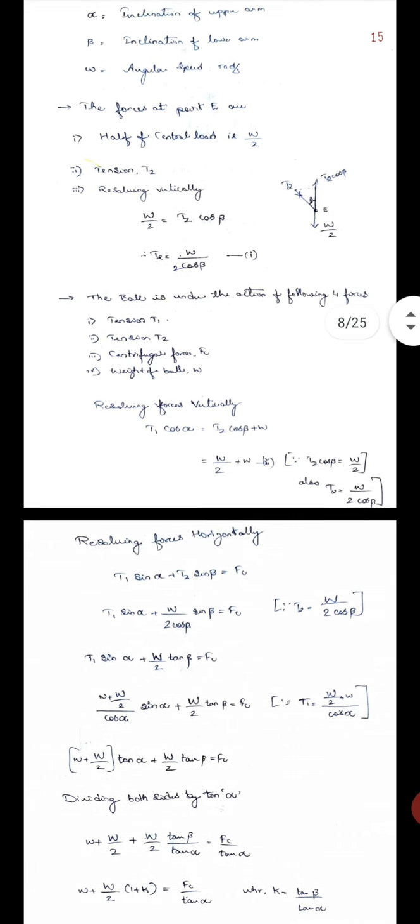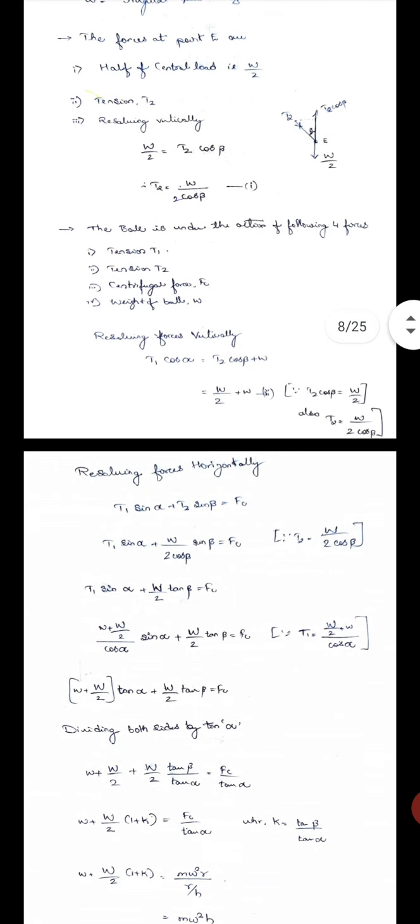Now T1, from equation 2, we can see that T1 is (w plus W by 2) over cos alpha, into sin alpha, plus W by 2 tan beta equals Fc. Now sin alpha over cos alpha becomes tan alpha.